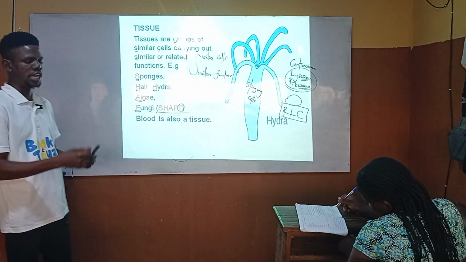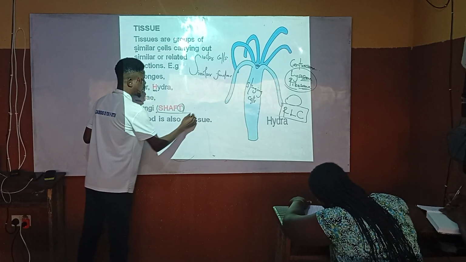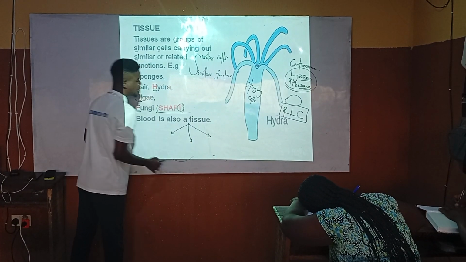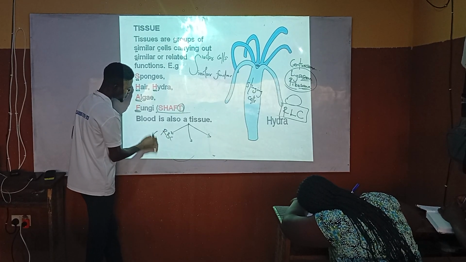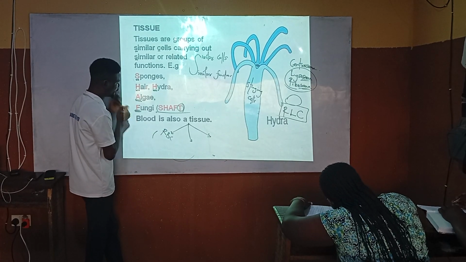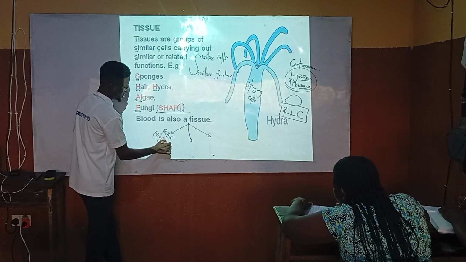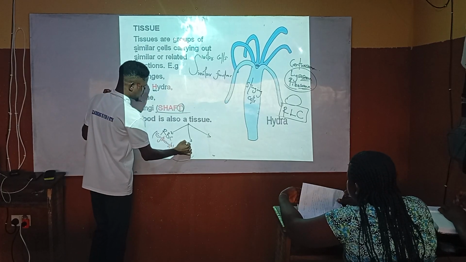Now take note, blood is also a tissue. Why is blood called a tissue? Because it is made up of different cells. The cells in the blood, there are three basic cells. We have red blood cell, also called erythrocyte.